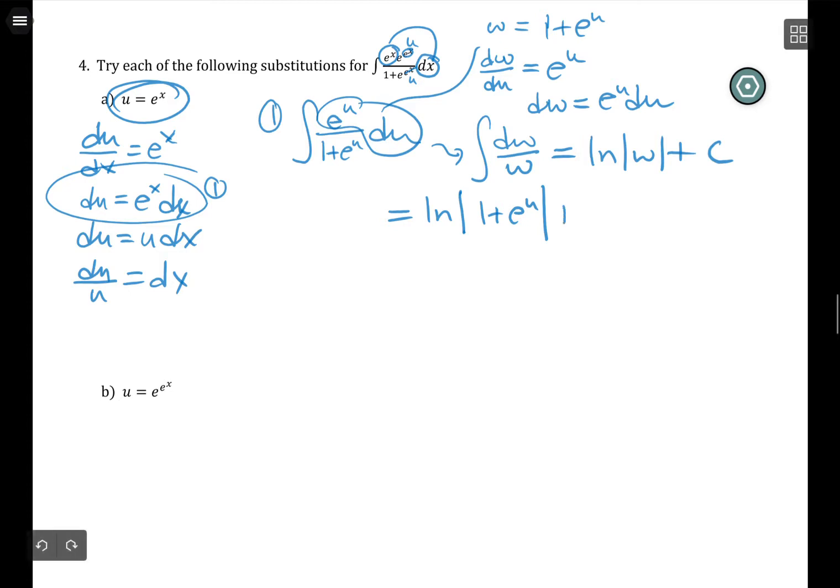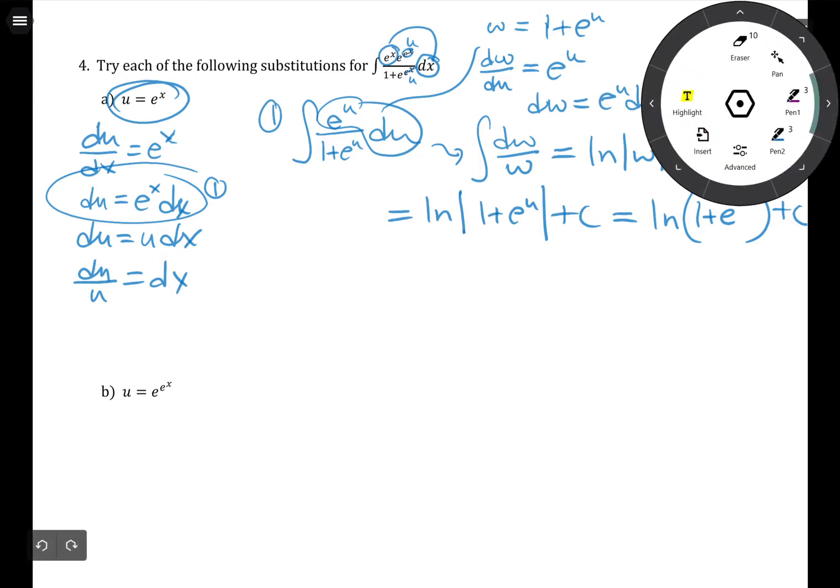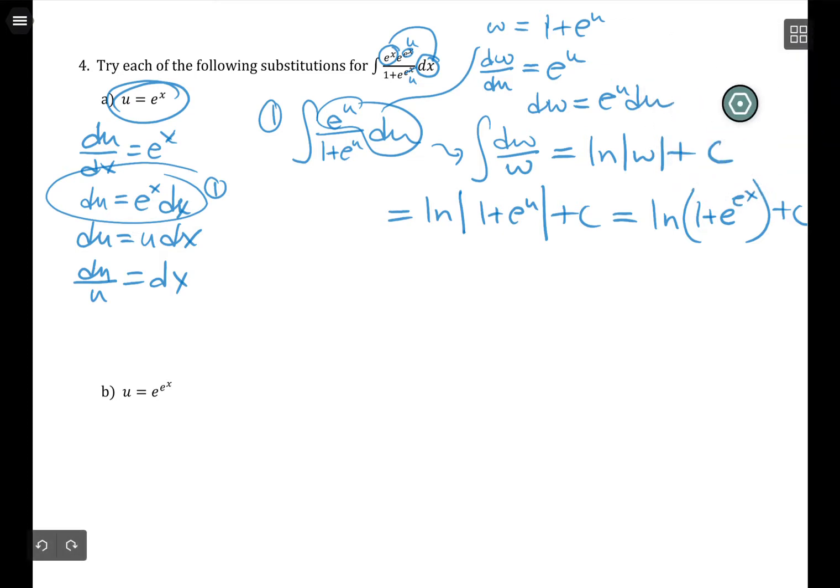So either way, but I think I will. So I have natural log absolute value of 1 plus e to the x plus c. And as always, you can take a derivative to check that. We're going to do this one a lot of different ways, so I think I'm just going to keep it. And if we start to see things not matching, I'll get worried.